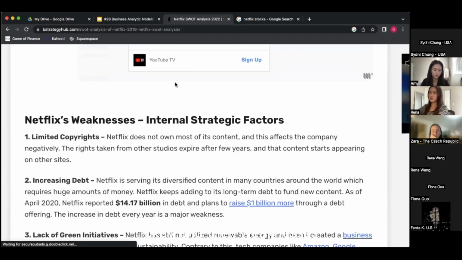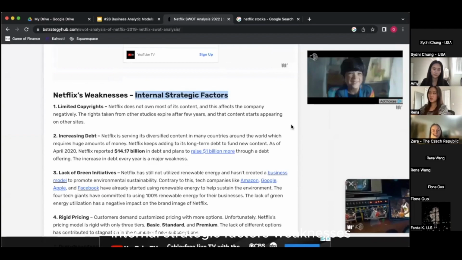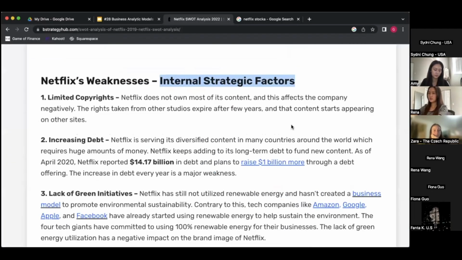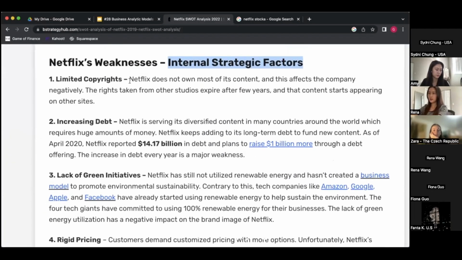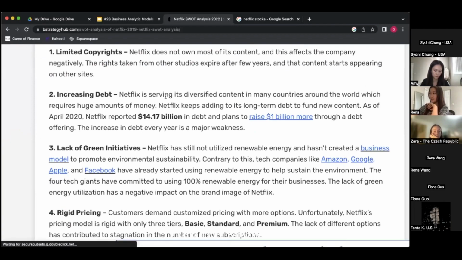Okay, and then weaknesses, internal strategic factors. Limited copyrights. Netflix does not own most of the content. Oh yes, which means that the company that owns the copyright can take it away from them anytime. Increasing debt. Netflix is in debt? I did not know that.